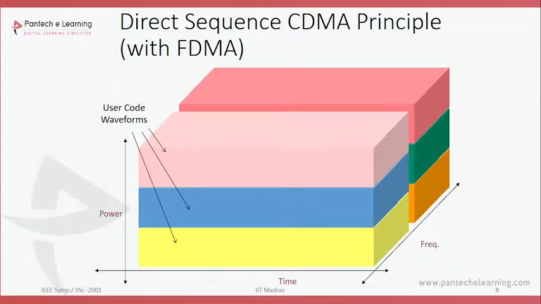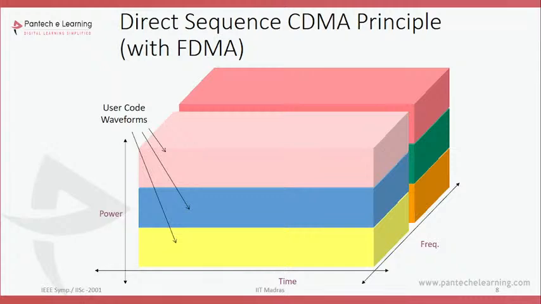Another important method is the CDMA principle. CDMA is code division multiple access. It's a sort of multiplexing that facilitates various signals to occupy a single transmission channel, so it optimizes the use of available bandwidth.